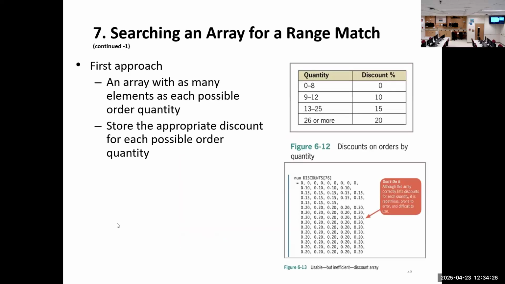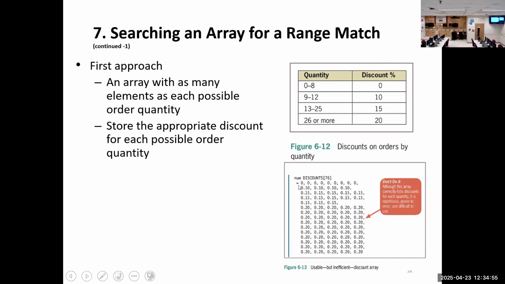Right? So in that case here, you have the first approach here. You can work with the array with many elements, one for each possible order quantity. Think about this one here. Right? And this one here, 67. It depends on the number of order, right? So 0, that means, you see, 0 here, that means you order one quantity, you have 0 discount, right?